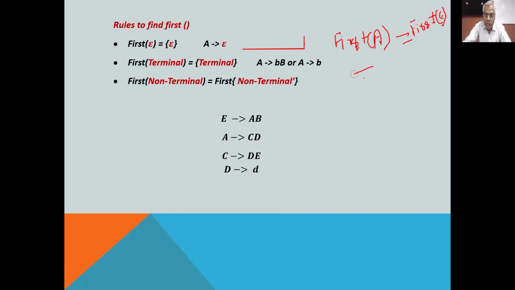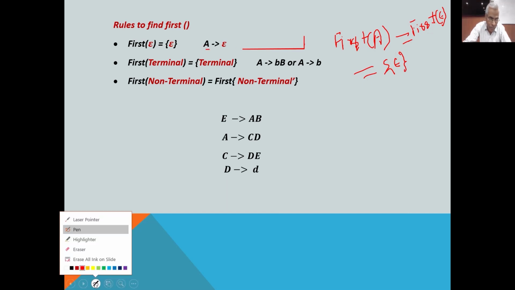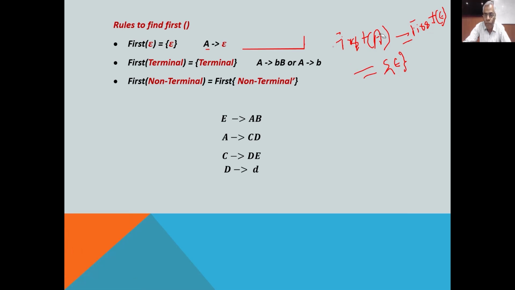So the terminal will be null, and this will be the first of the given non-terminal A. This is the first rule.